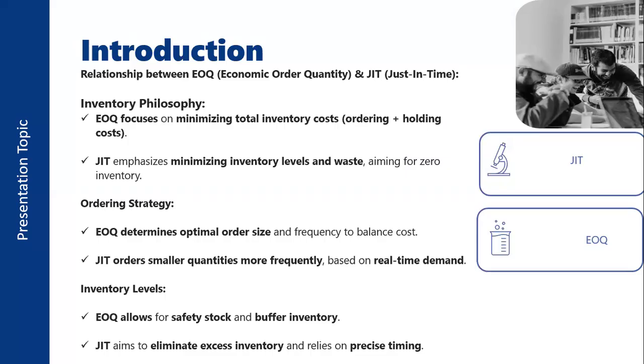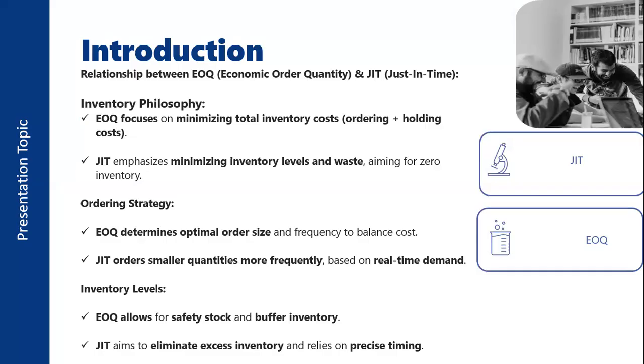We will explore EOQ and GIT from six separate angles. The first angle will be the philosophical angle, because not only is the degree named Doctor of Philosophy, but basically it's all about philosophy, whatever subject we are reading or even practicing. Philosophy-wise, EOQ focuses on minimizing total inventory cost, which is the ordering cost plus holding cost.